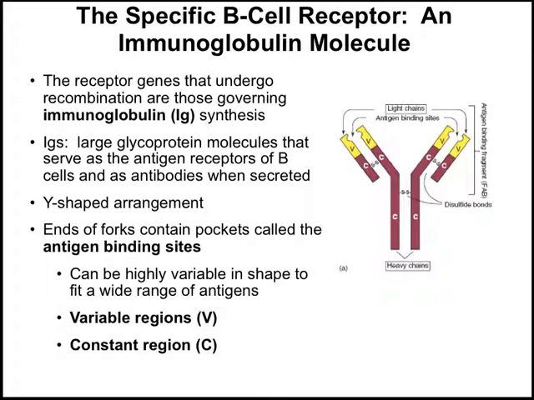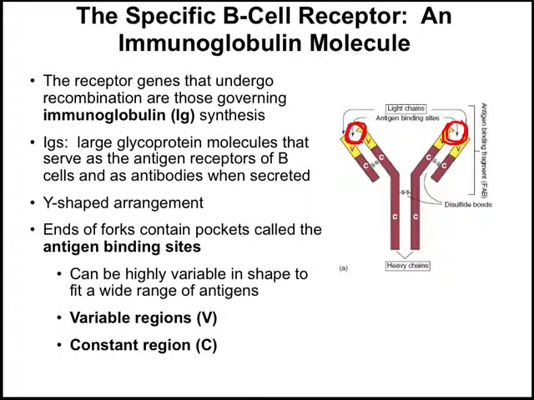IGs are large glycoprotein molecules that serve as antigen receptors for B cells and as antibodies when they're secreted. They have the Y-shaped arrangement with the heavy chains and light chains. The ends of the forks contain pockets, which are the antigen binding sites. Each individual immunoglobulin molecule has a different binding site.